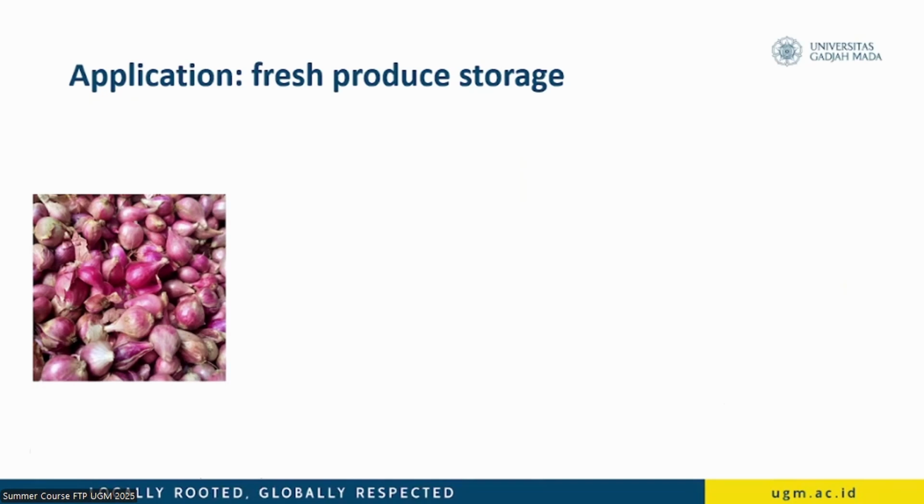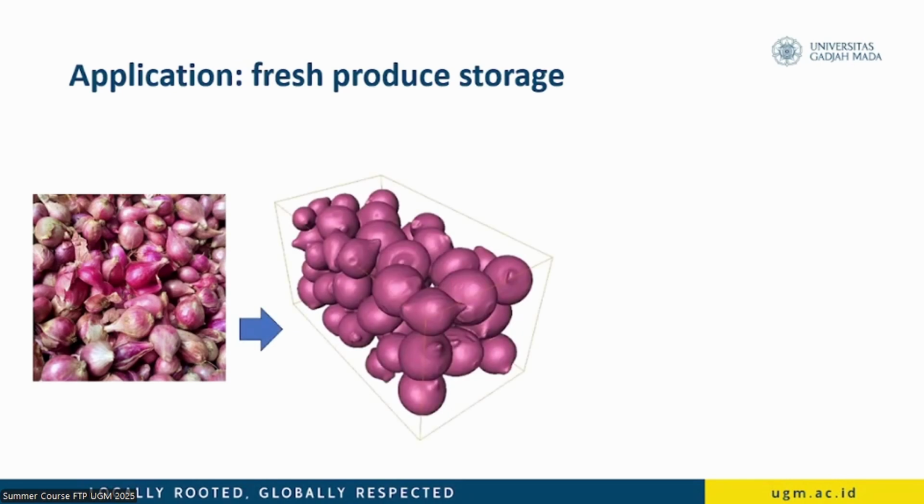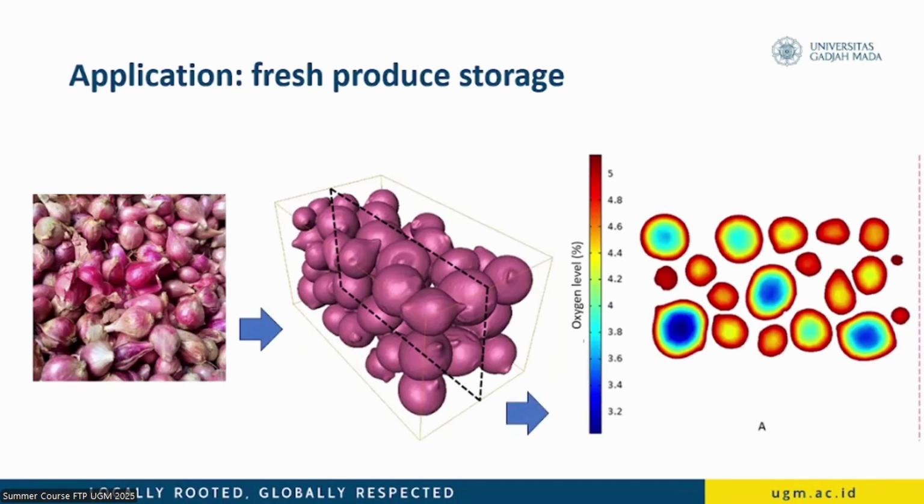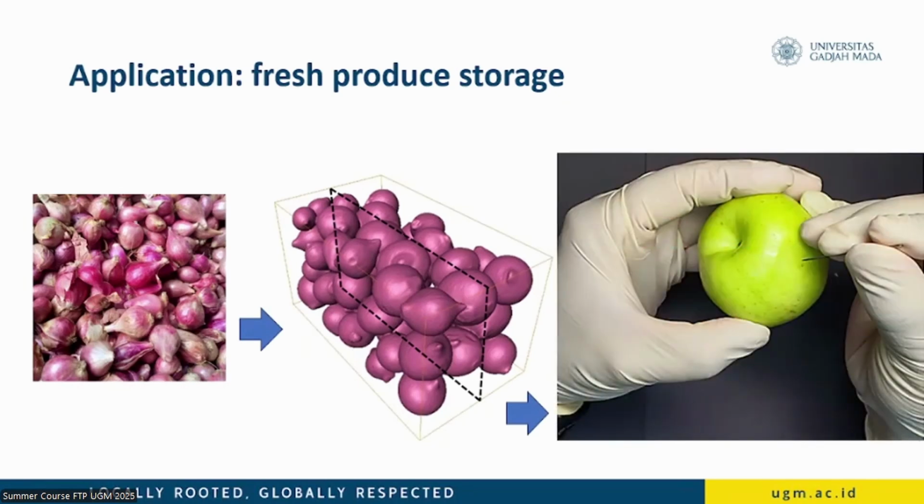We do these computational things to optimize the onion storage. We create the geometry of the onions, the stack of onions, okay? And then we compute the gas level, the oxygen level inside the onions. Because if we puncture the product with needles or sensors inserted into the product, then the cells will be damaged and the respiration will immediately stop.